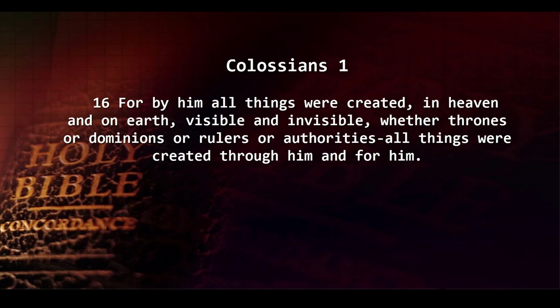For by him all things were created in heaven and on earth, visible and invisible, whether thrones or dominions or rulers or authorities, all things were created through him and for him. So it's talking about all the rulers and authorities in heaven and earth. Christ created them all. So who did he disarm? Not just human authorities, but spiritual authorities operating through human authorities. He disarmed them all by his cross.